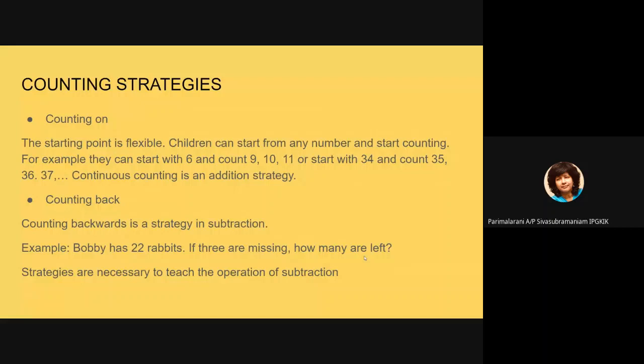These strategies are necessary to teach the operation of subtraction. So counting on and counting back are 2 important strategies. Counting on is very important for addition. Counting back is very important for subtraction. So these strategies must be taught in class. This is already in the DSKP, so teachers have to teach it.